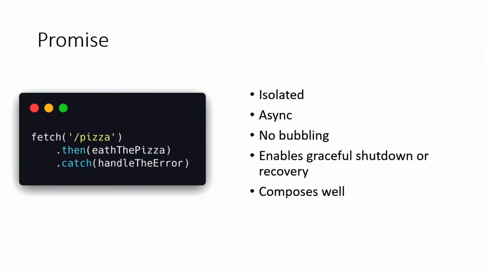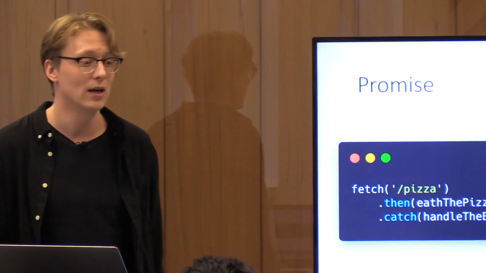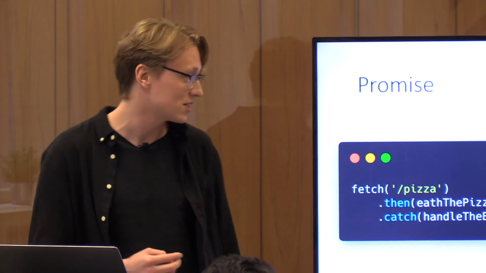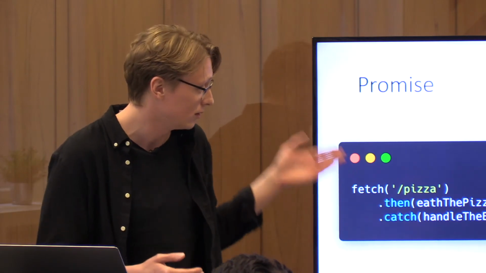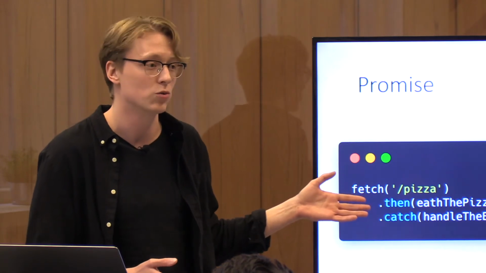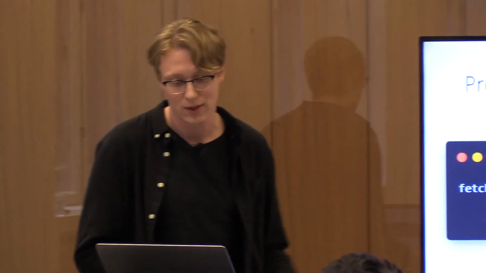It composes well. You can run multiple promises. You can change the data returned from promise. You can change the data returned from catch. Really nice option. There's only one problem with it, which is not really a problem. It's part of the spec that promises have to be async. So we can't use promises for synchronous stuff like parsing JSON.